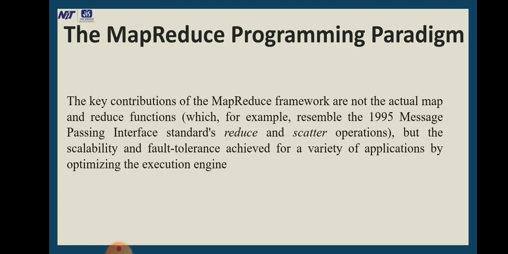The key contributions of the MapReduce framework are not the actual map and reduce functions, which for example resemble the 1995 Message Passing Interface standard's reduce and scatter operations, but the scalability and fault tolerance achieved for a variety of applications by optimizing the execution engine.